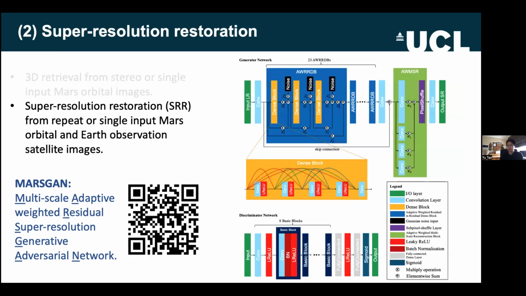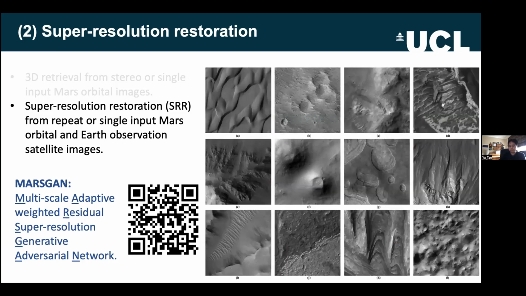The network architecture of MARSGAN is also based on the relativistic generative adversarial network, containing an adaptively weighted dense residual network and a multi-scale reconstruction block for the generator network, and a similar discriminator network to the MADNet model. So the network has been trained using a selection of high quality HiRISE images and their low resolution counterparts containing a variety of unique Martian surface features.